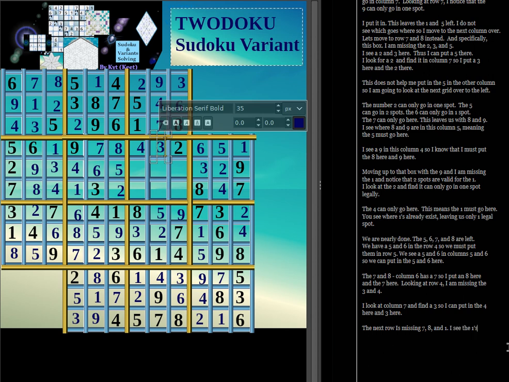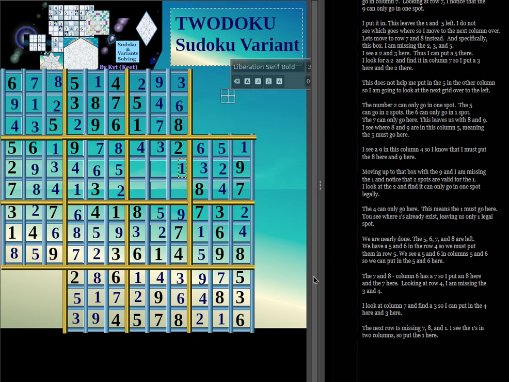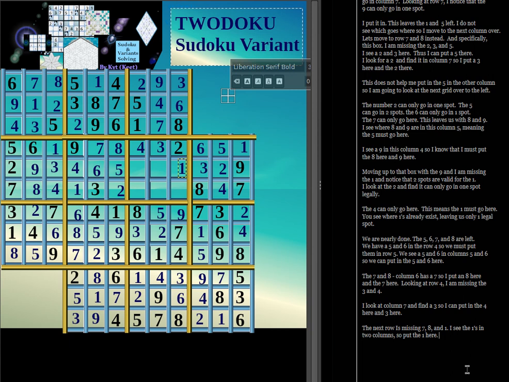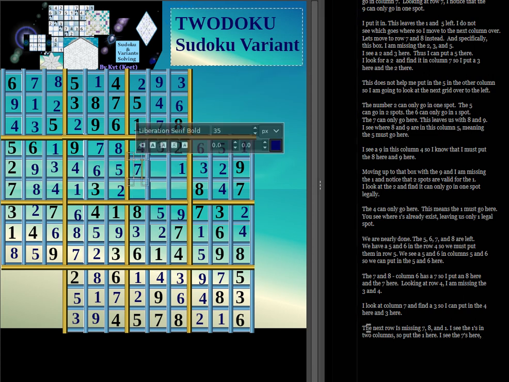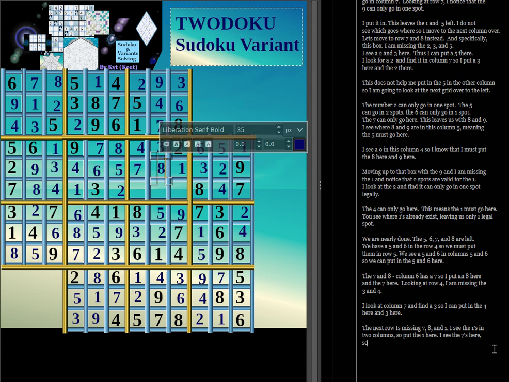I see the 1s in 2 columns, so put the 1 here. I see the 7s here. So put the 7 here and 8 there.